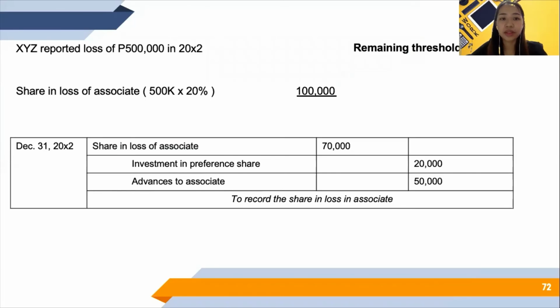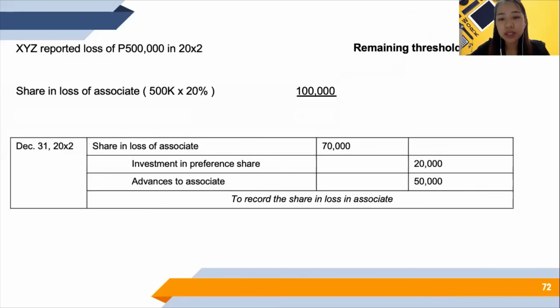XYZ reported a loss of 500,000 in 20X2. So, nung 20X2, nag-report si associate na 500,000 loss. So, yung share in loss of the associate will be 100,000, computed as the 500,000 na loss ni associate times the 20% of the percentage of the share ni investor.